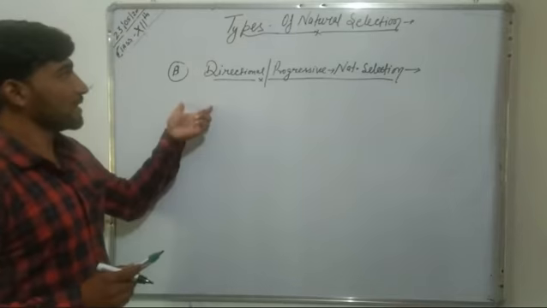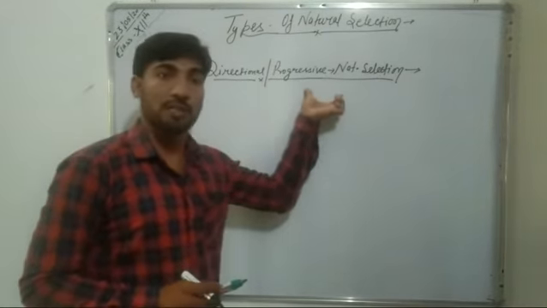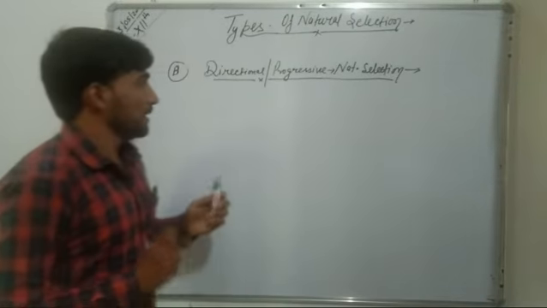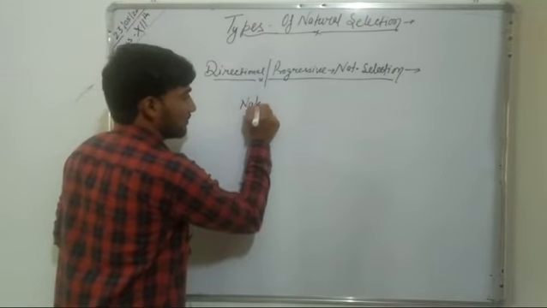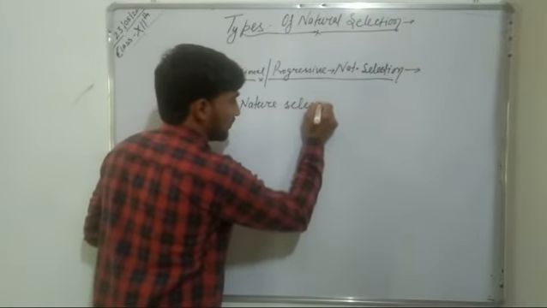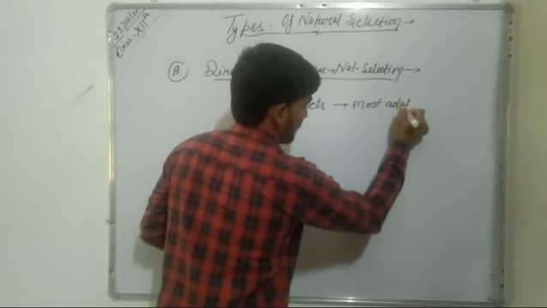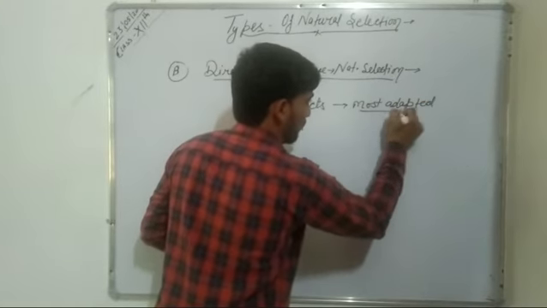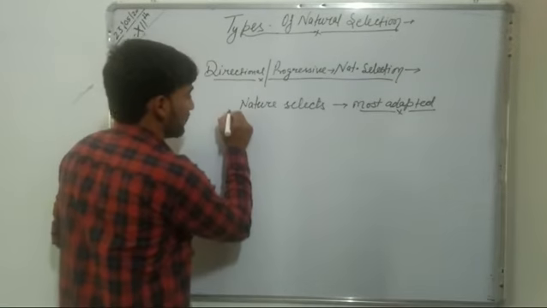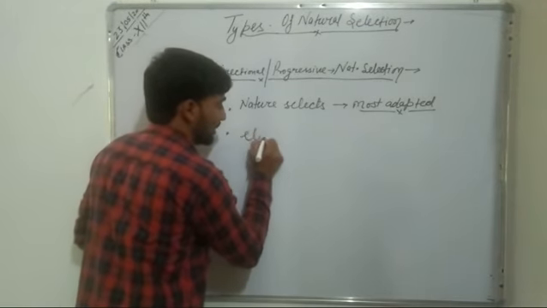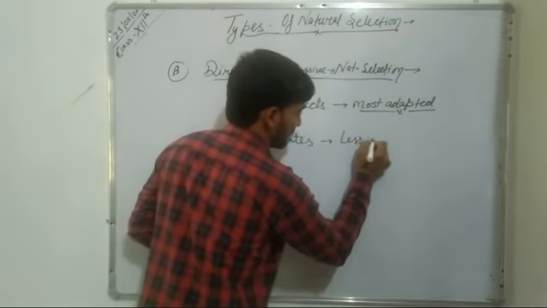Now the second type of natural selection is directional or progressive natural selection. In directional or progressive natural selection, nature selects the most adapted or most fitted ones, and it eliminates the unfitted or less fitted ones.